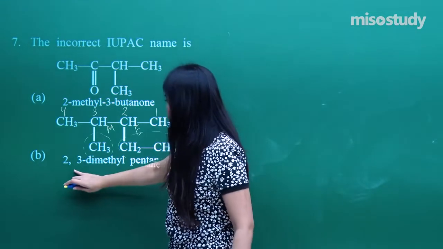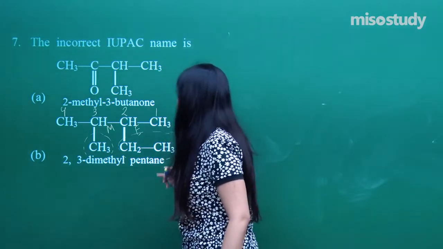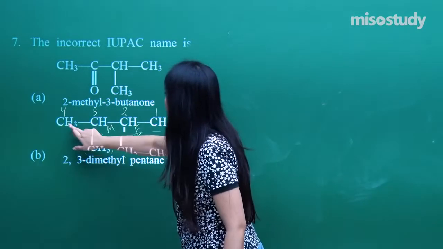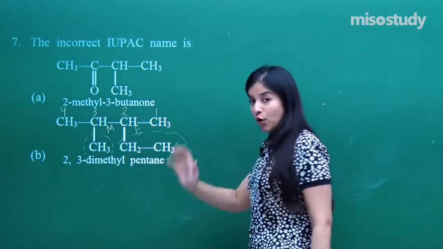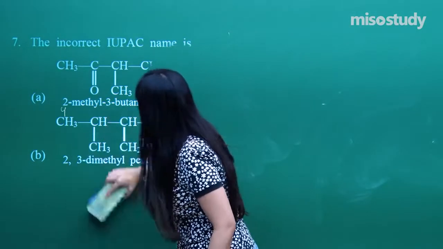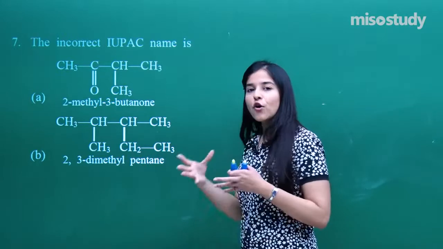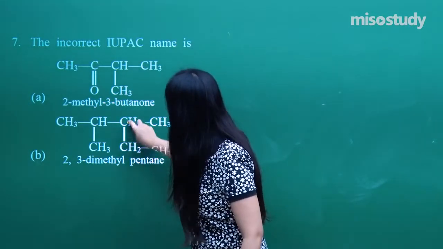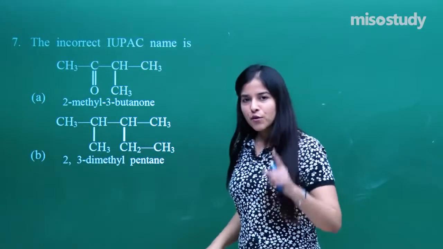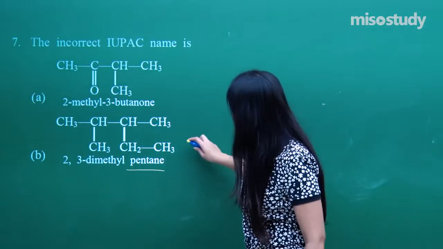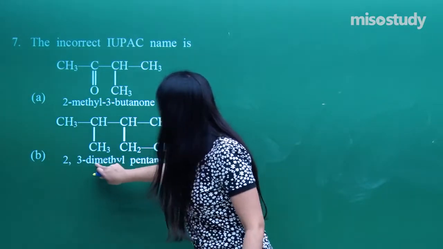They have mentioned 2,3-dimethyl pentane. That means how many carbons? 1, 2, 3, 4, 5. Okay, now let us just recheck the question. Can we have a longer word root? Yes, we can have 1, 2, 3, 4, 5. So as per their answer, pentane is very correct, and I need to assign 2,3-dimethyl.